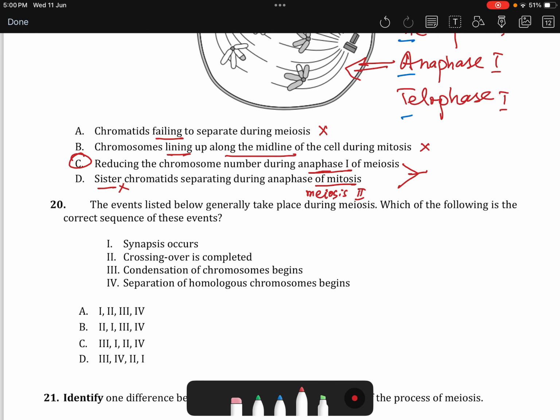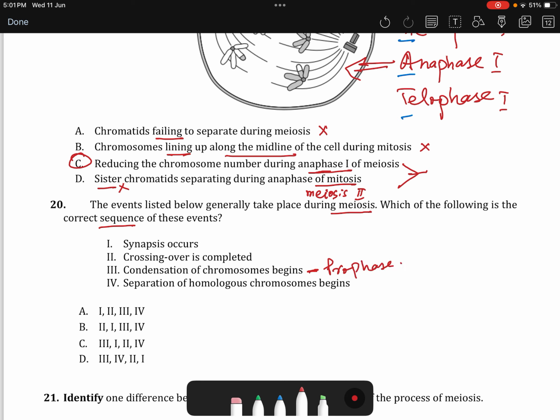The events listed below generally take place during meiosis. Which of the following is the correct sequence of the events? So we need to say the sequence. First of all, synapsis occurs. Crossing over is completed. Condensation of the chromosomes should be the first one, because it happens in prophase. So it starts with the condensation of the chromosomes.